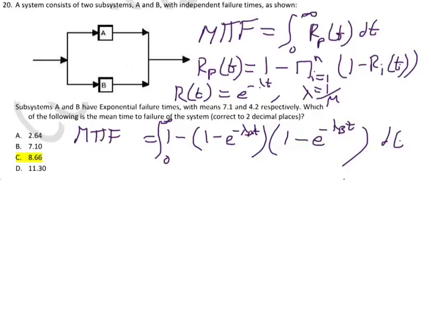Now these brackets always expand out in exactly the same way, so I reckon it's worth remembering this. That is the same thing as, and this is going to be e to the minus lambda 1 t plus e to the minus lambda 2 t, minus e to the minus (lambda 1 plus lambda 2) t, dt. I'm going to call these 1 and 2 because writing a and b is too hard.